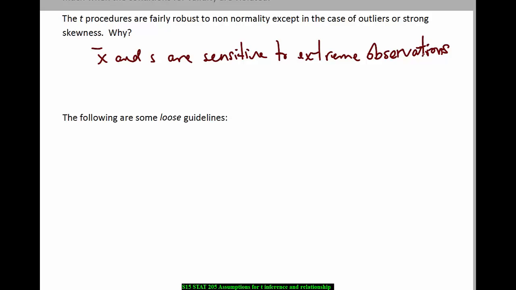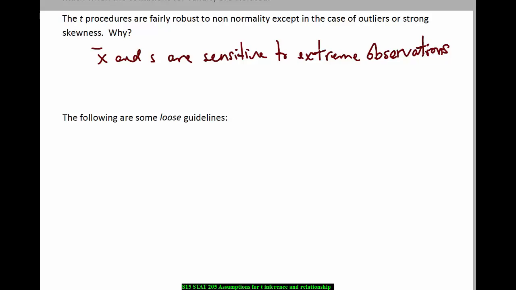So we need some guidelines for how big of a sample size we need for the central limit theorem to kick in so that our sample mean, we can hope, has a normal distribution.